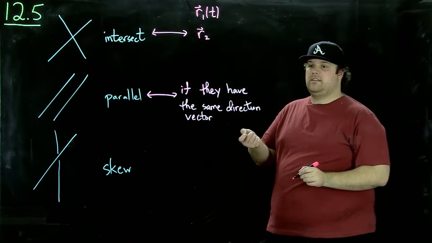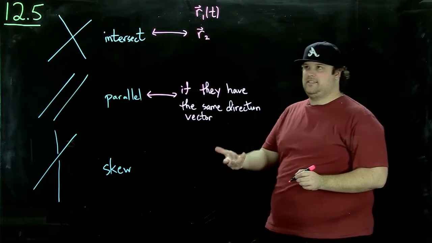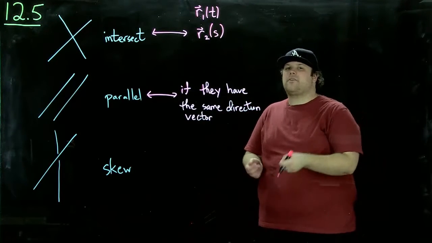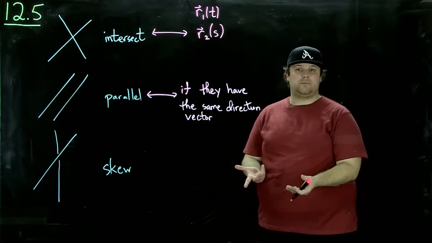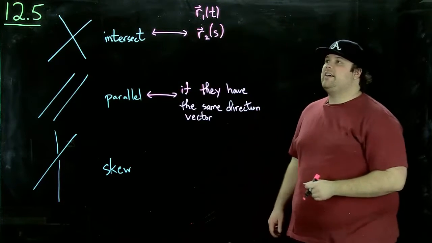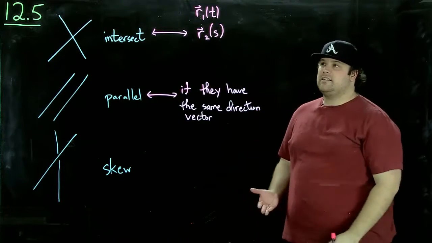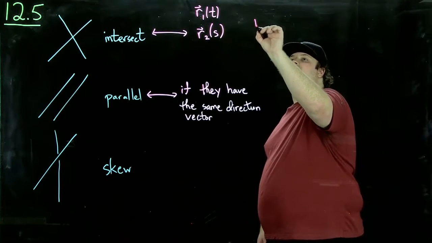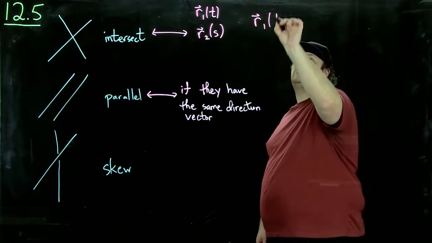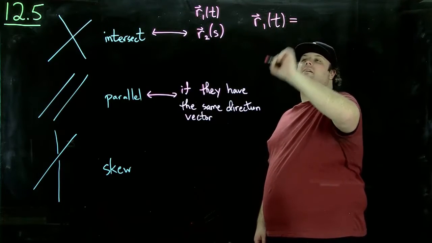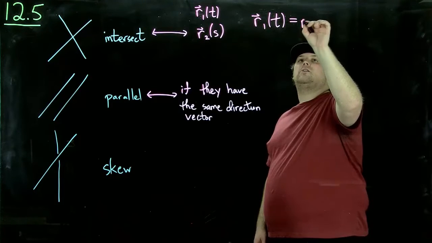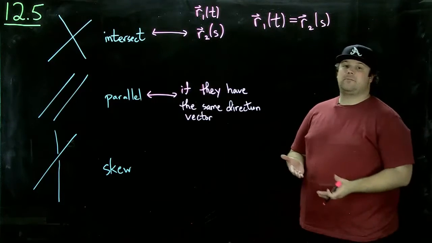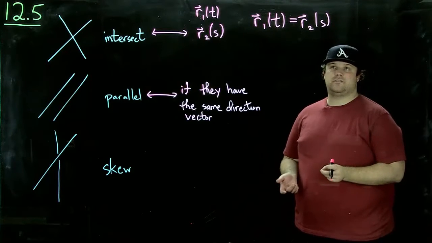Instead of t this time, we're just going to change it to s, so I have another parameter that I can use separately. If these two lines intersect, then we can solve the equation R1 of t equals R2 of s. This is how we can check whether two lines intersect.